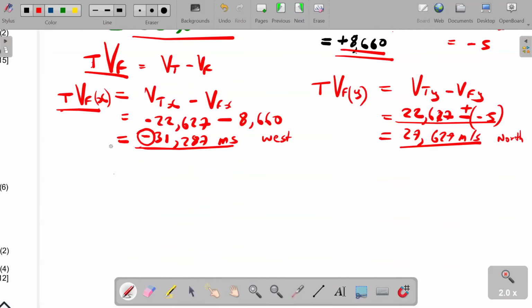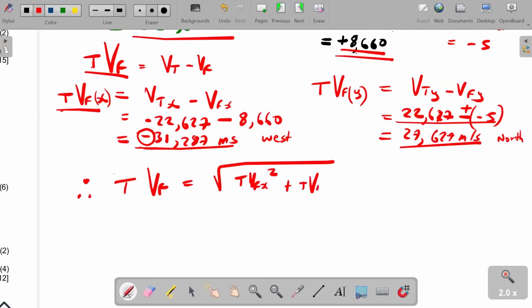is the velocity of the torpedo relative to the freighter, it's obviously going to be given by the square root of the horizontal component squared plus the vertical component squared, right?